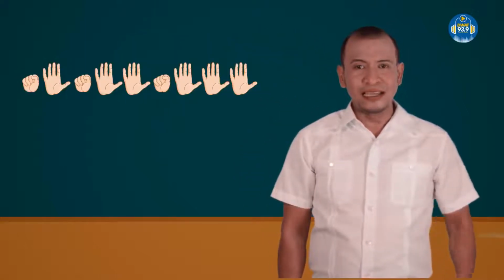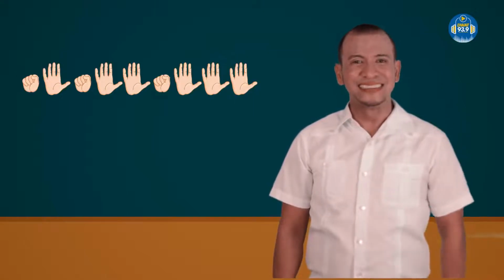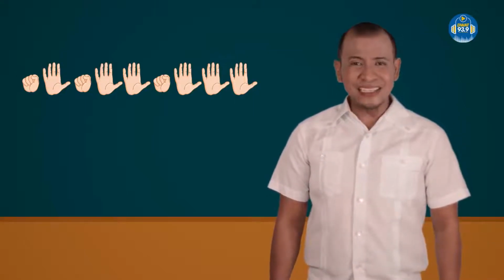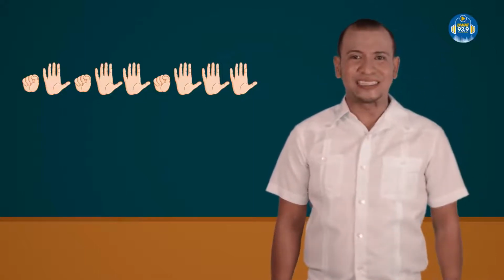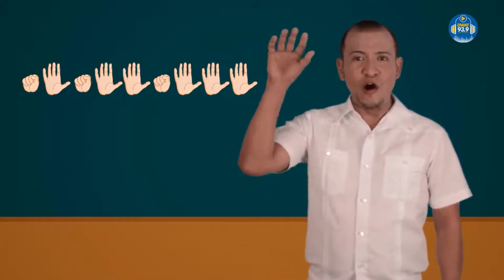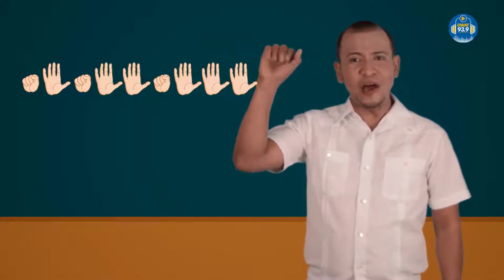After which, we have another closed palm, followed by 2 open palms, followed by another closed palm, followed by 3 open palms. Does this show a pattern? If your answer is yes, then you are again correct. The number of open palms increases by 1 after every closed palm.